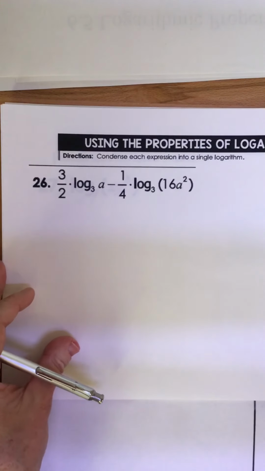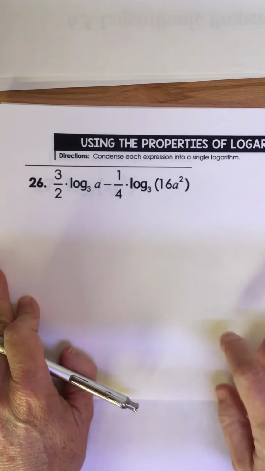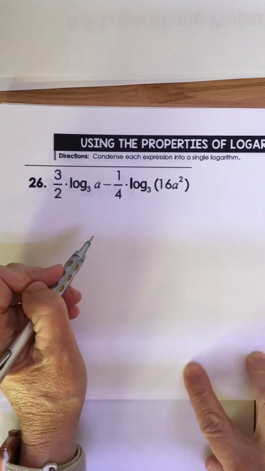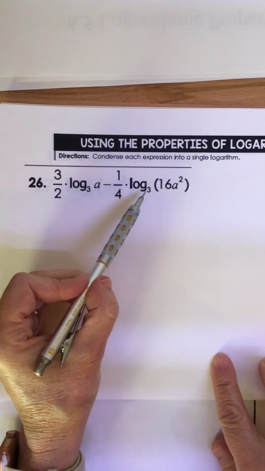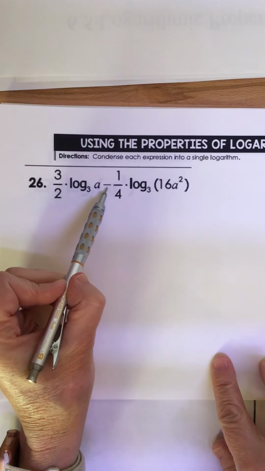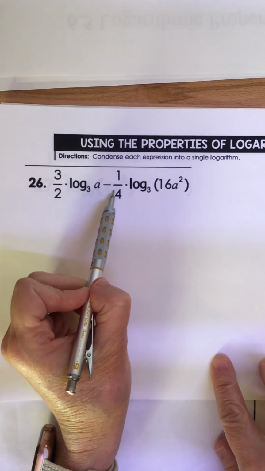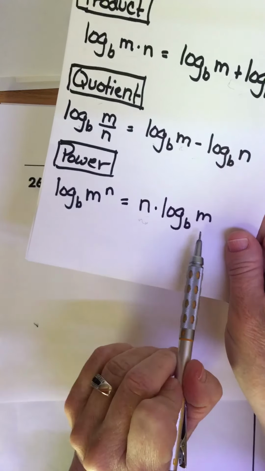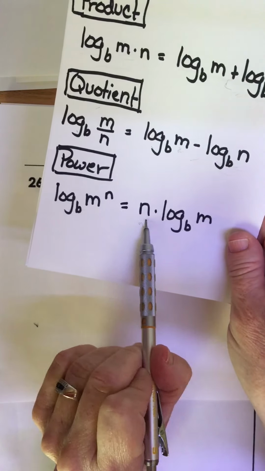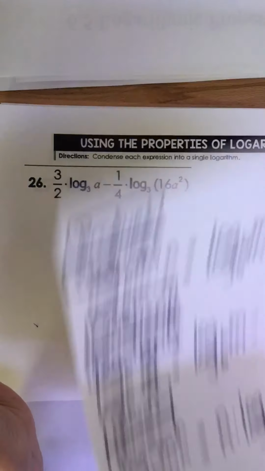All right, so now on number 26. I'm on page 22, if you're wondering. I'm sure you're already there. Okay, so even though we've got parentheses right here, we still are going to use the power property. So we're in expanded form this way, going down to condensed form here.